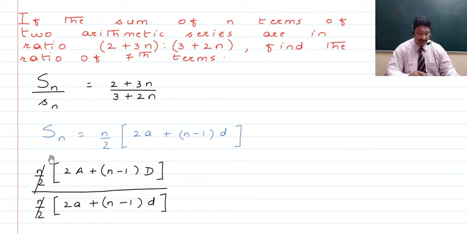Now, guys, we know that Sn, that is the sum of n terms, is given by n upon 2 times of 2a plus n minus 1 times of d.